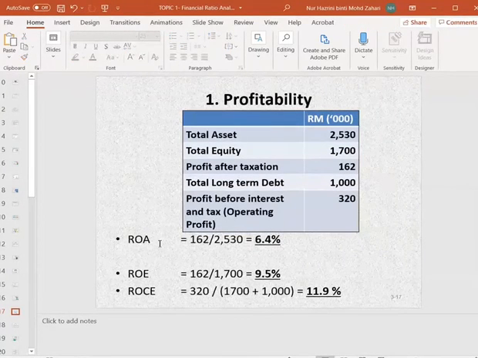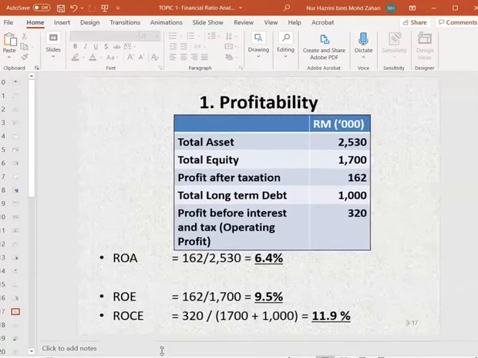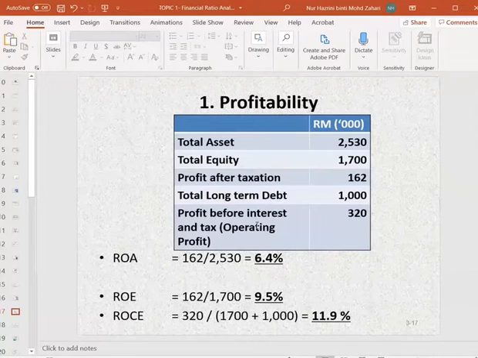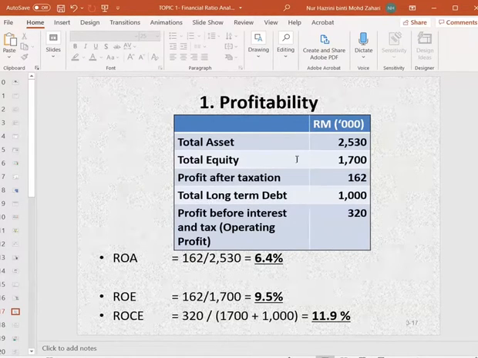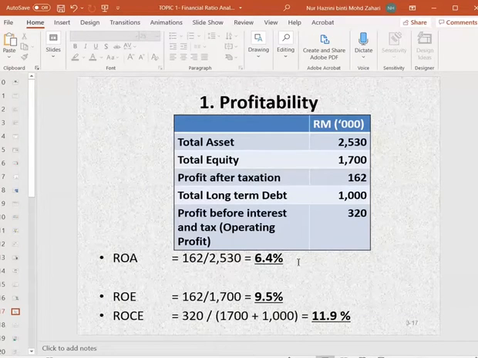For the ROA, return on asset, we take the profit after tax 162 divided by total asset, and we get 6.4, presented in percentage as well. For the ROE, we divide profit after tax by your total equity 1007, so we get 9.5, also presented in percentage.